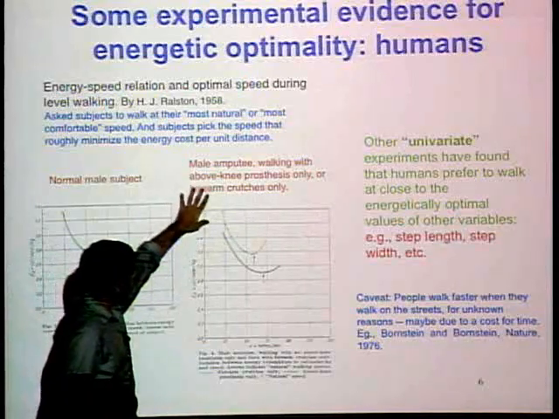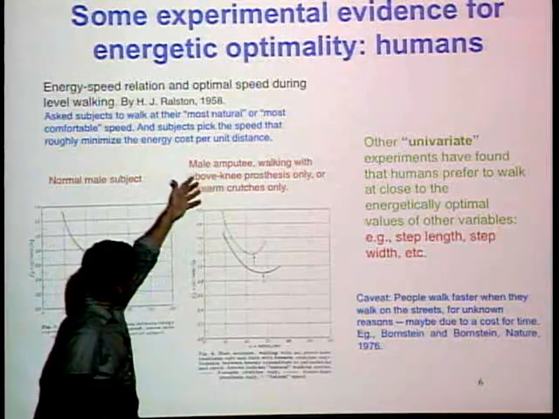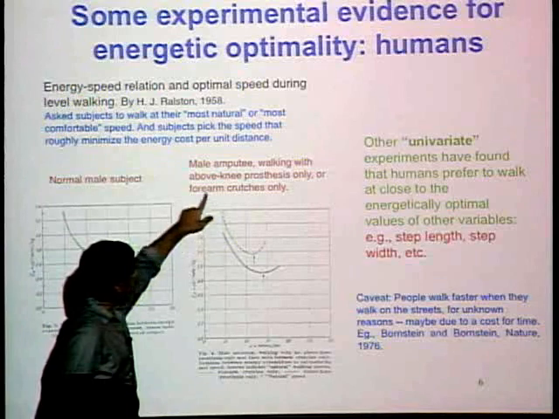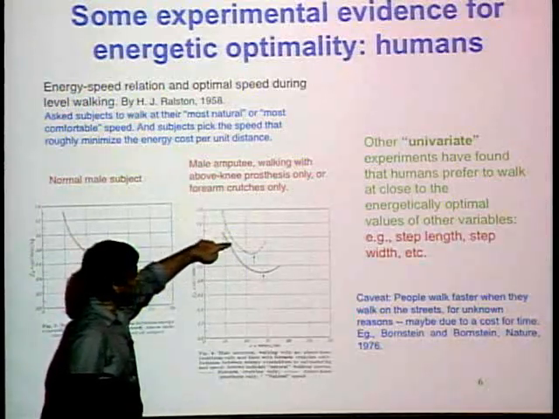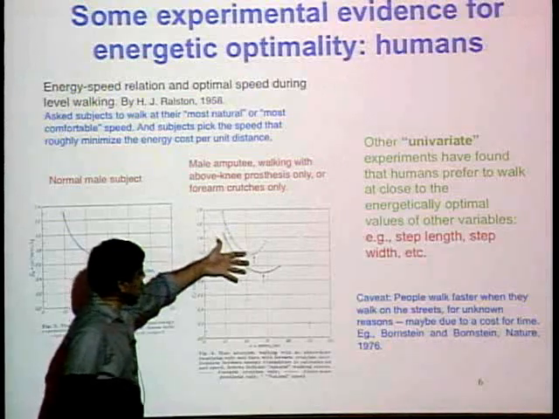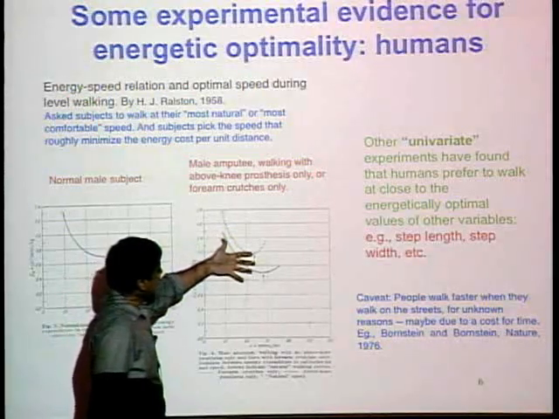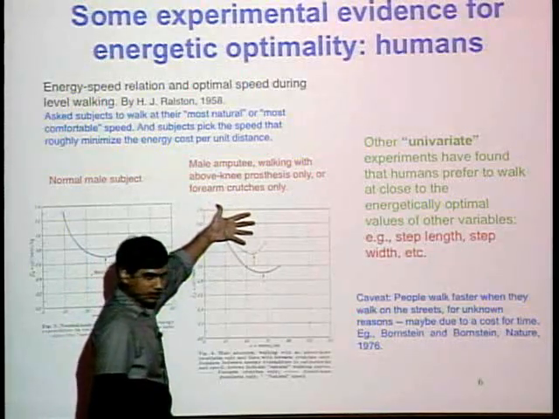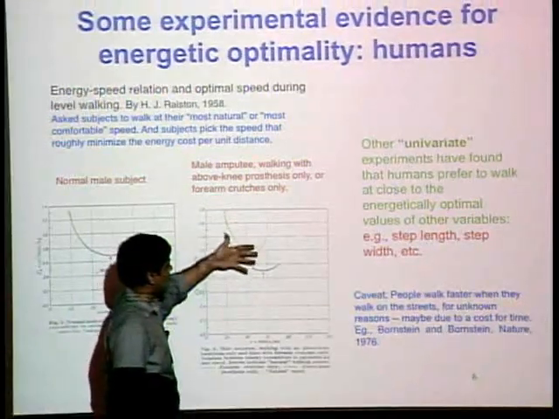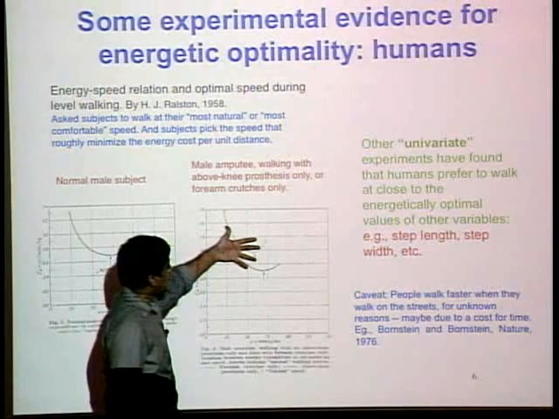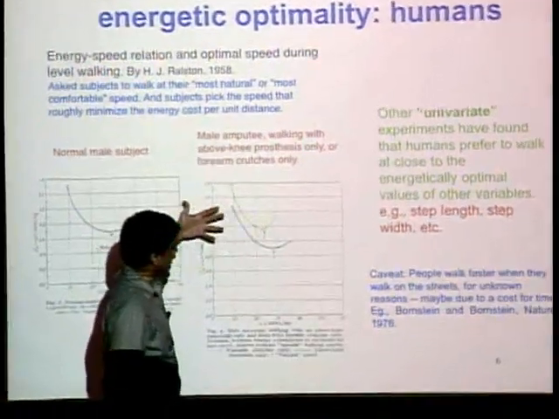And then, more surprisingly, he made amputees walk with crutches or prosthesis, and found the energy cost per unit distance for them. And he found, of course, that the energy cost per unit distance for them was higher because they just consume more energy at a given speed, but the curves were also shifted to the left a little bit.